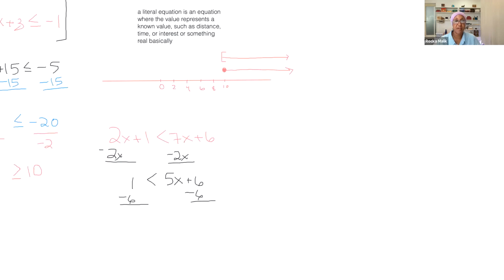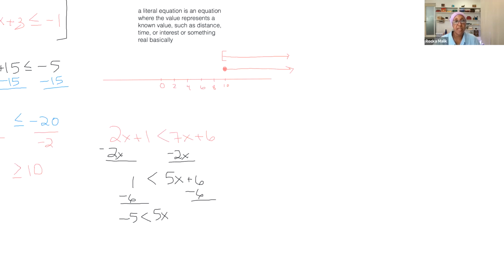I have minus 5 is less than 5x. I want to get x by itself, so I divide away whoever's next to it. Divided by 5, both sides. Minus 1.